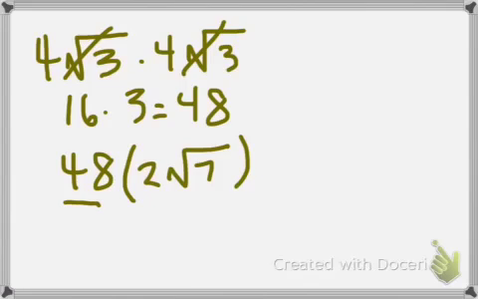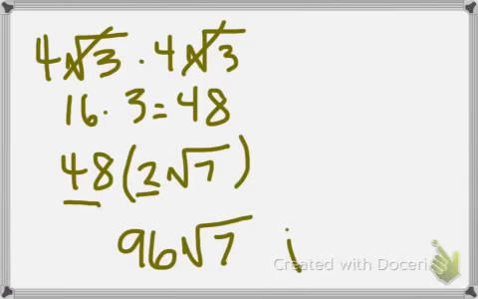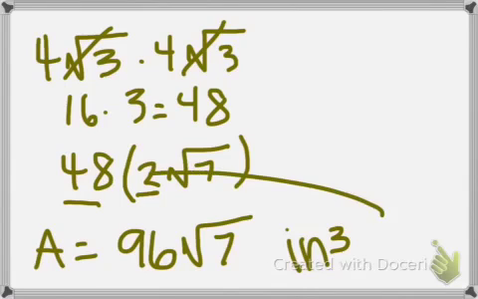You multiply both of the outsides, and that will equal 96, and then you just keep the radical 7, and don't forget to label it. And that is the final answer for the volume.